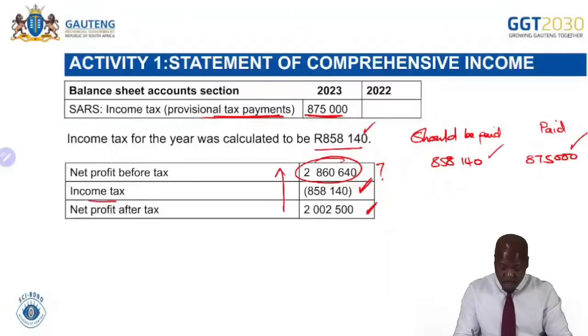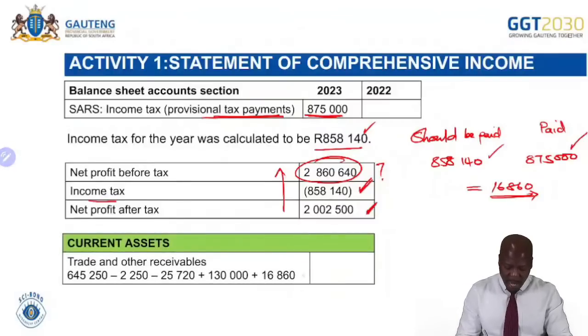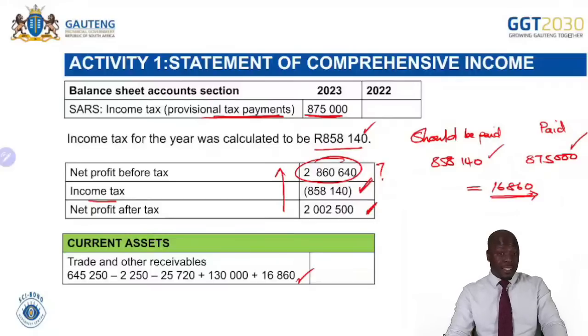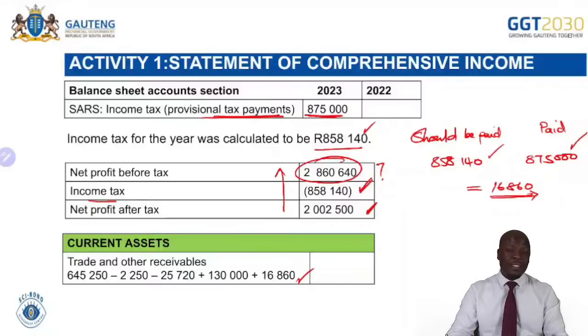How much more did we pay SARS? You get the difference between these two amounts, which is your 16,860. Therefore, that money is due to us by SARS. What does that become? It becomes a receivable. Hence, you see 16,860 receivable to us from SARS.